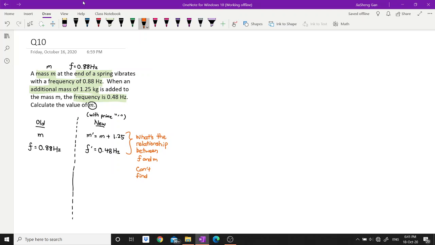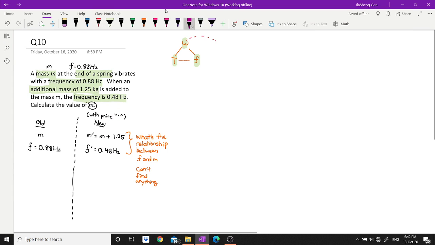So don't worry too much, you just need to apply a bit more physics into the question. If you can't find anything, you are given F. I've been saying this a lot of times already. If you are given F, it's equivalent to being given omega or T. Now you might be thinking, the omega here is actually related to mass.